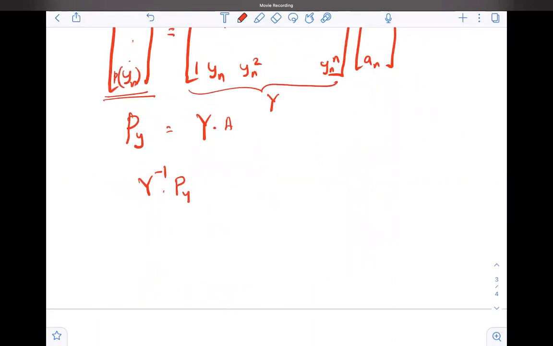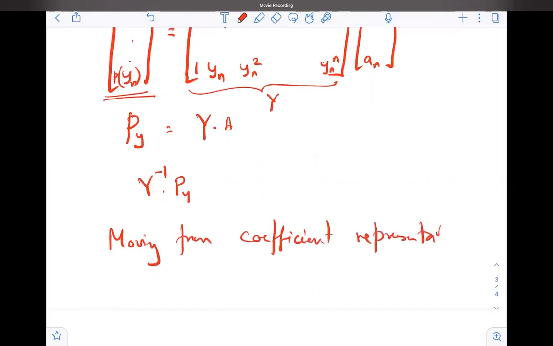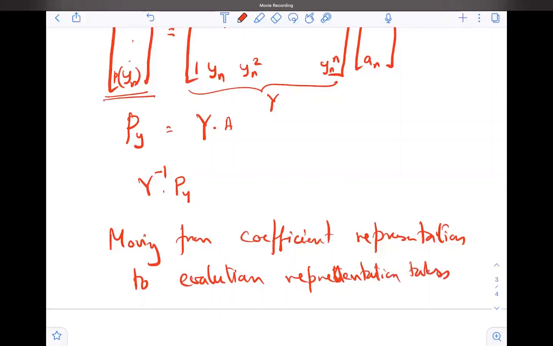So moving from coefficient representation to the evaluation representation takes order n square in the worst case.